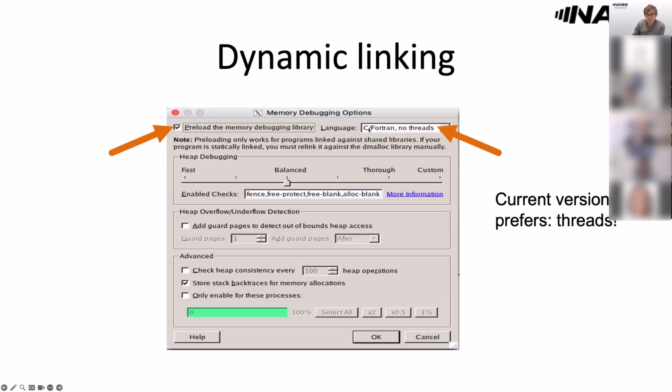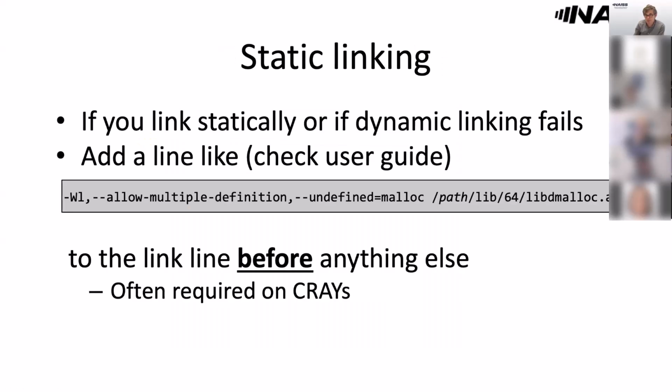And then typically I recommend here, if it's C and Fortran, with threads. If it's C++, it's C++ with threads. I said that before, the case we had 10 years ago, you had to do static linking, so you had to do stuff like that. I haven't really tried on Dardel whether this supports now dynamic linking or static linking.